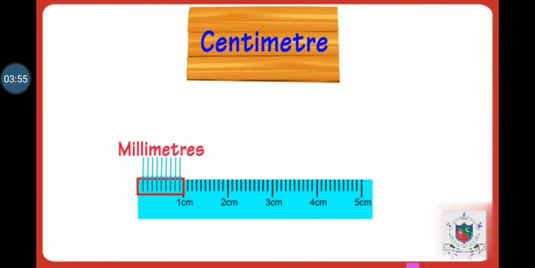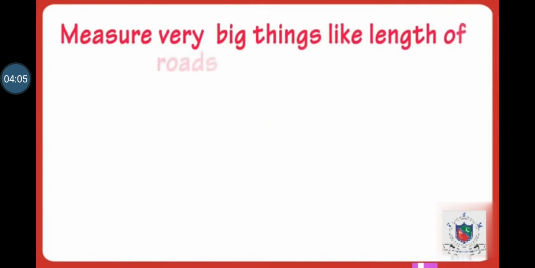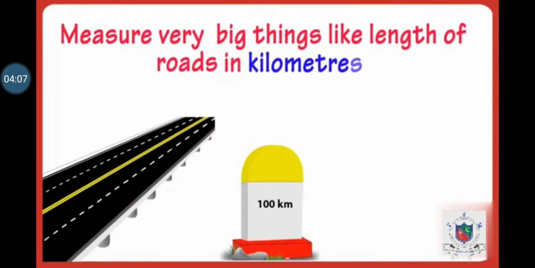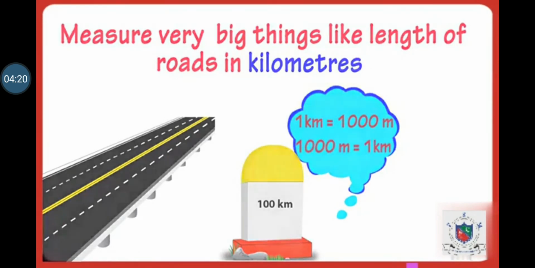And between 1 centimeter, we have 10 millimeters. As you can see, the small lines between 2 centimeters. When we have to measure the very big things like the length of rods, then always we measure it in kilometers. In 1 kilometer, there are 1000 meters.